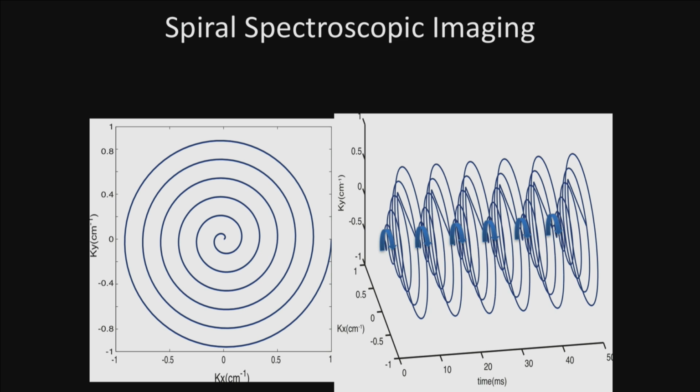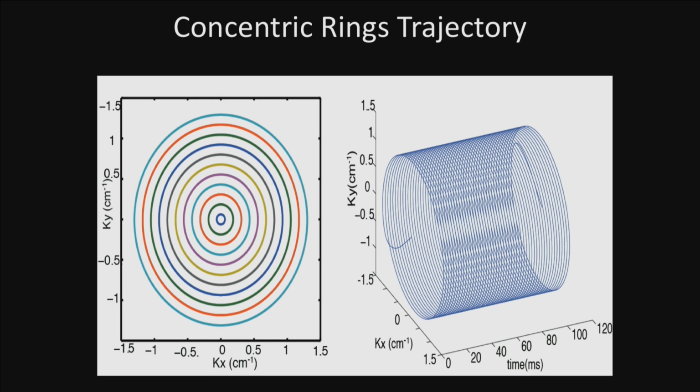And if you can dream it up, within the limits of your gradient coils and amplifiers, you can do these things. Another thing you can do is these concentric rings. I like to look at these; there's some nice symmetry and nice properties in them, but there are some disadvantages and advantages to these different approaches.